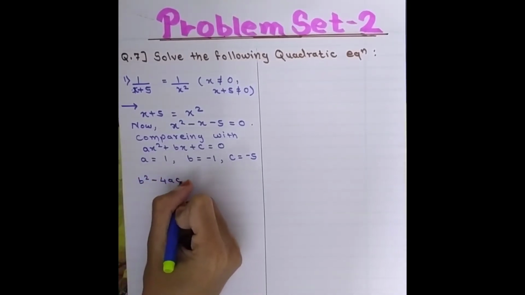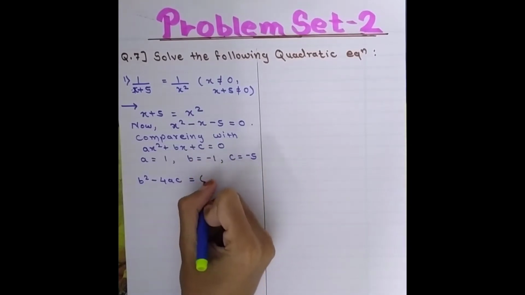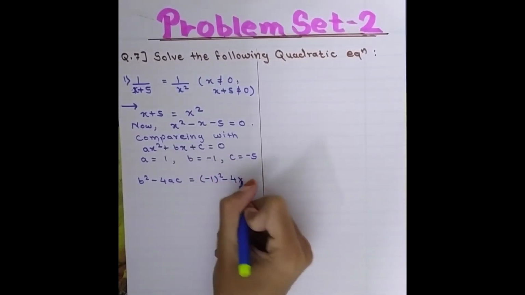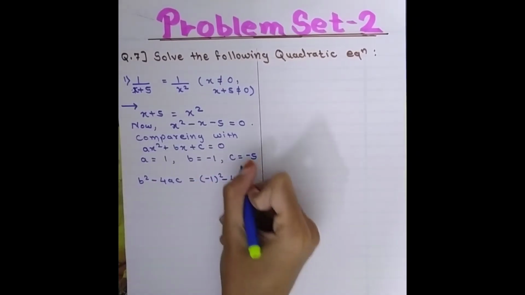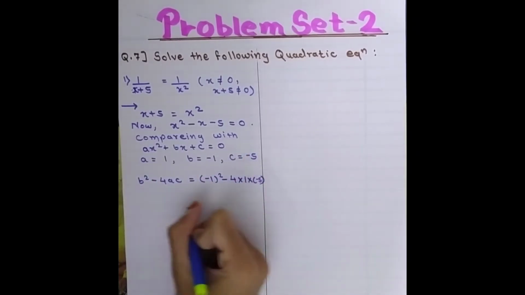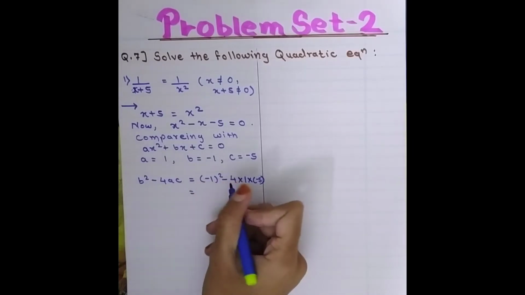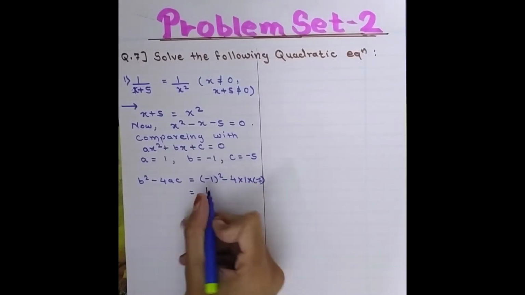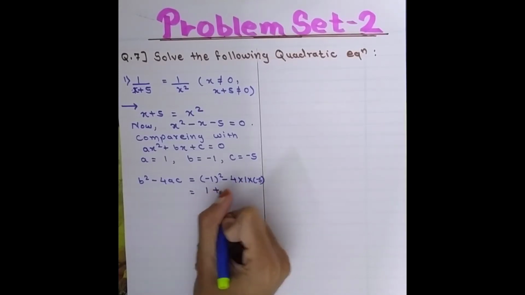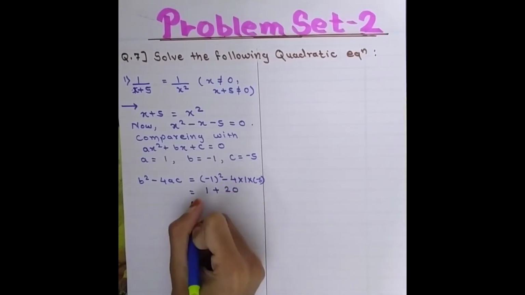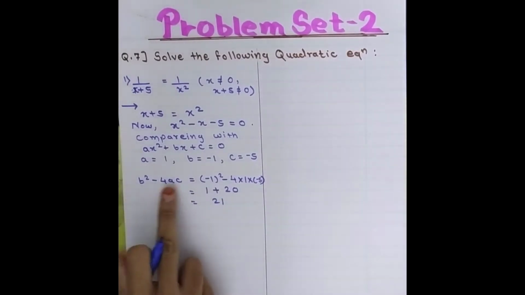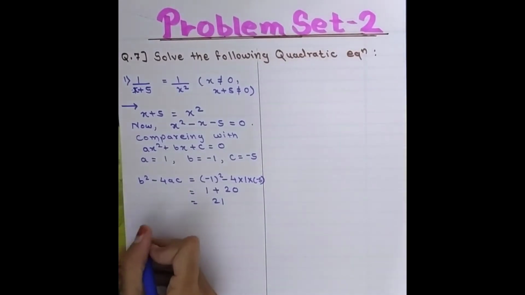So b square minus 4ac is equal to b square, that is minus 1 square, minus 4 multiplied by a is 1 and c is minus 5. So minus 1 square is 1 and 4 5s are 20. So minus minus plus 20 is equal to 20 plus 1, which is 21. Therefore b square minus 4ac is 21.